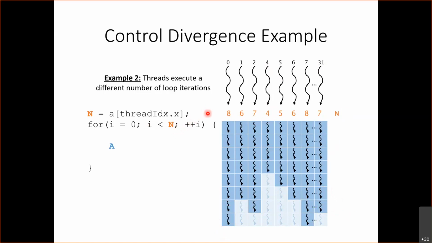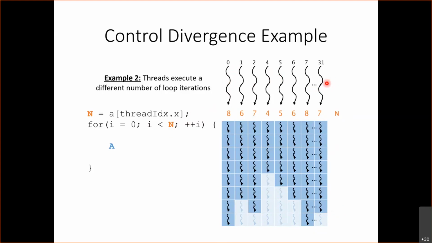If you have an application where one of these threads executes thousands of iterations and all the other threads execute 5 or 6 iterations, then that one thread is going to hold all the other threads hostage. All these other threads are going to sit there waiting for that one thread to finish executing its iterations.